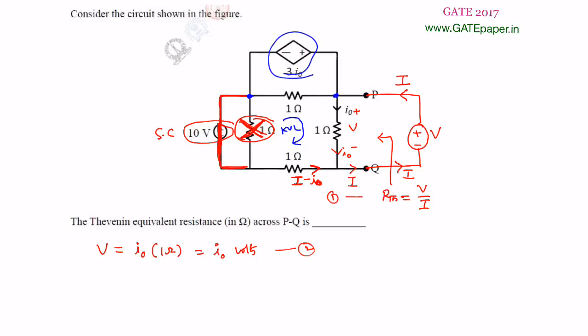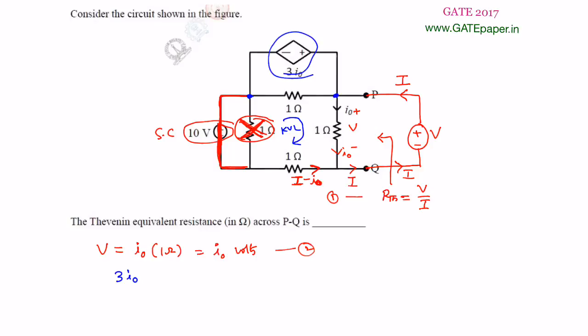So across this 1 ohm, the voltage is 3I0. So you can write 3I0, and the KVL direction is as shown.